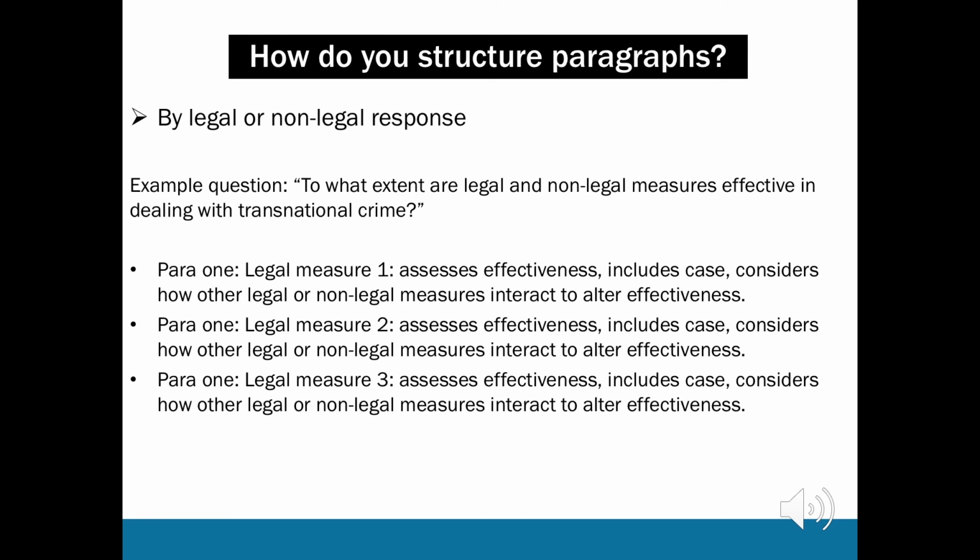And I'll look at the way that together, rather than in isolation, they work together to create something that's effective or not effective and so forth. So whenever there's a legal measure, there is often a non-legal measure as well that's either championing it or challenging it. So you can approach it like this. Just look at one legal measure per paragraph, but obviously you would only do this if the essay question lends itself to it like this one here does.